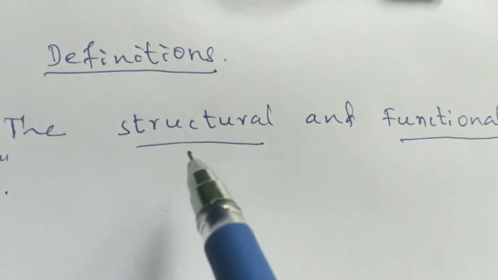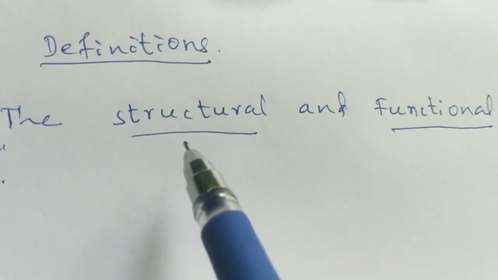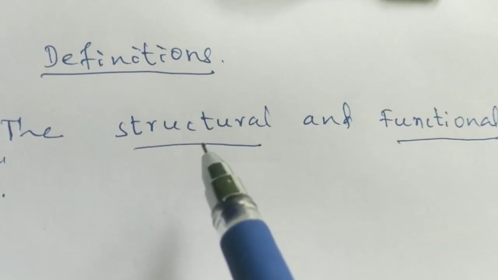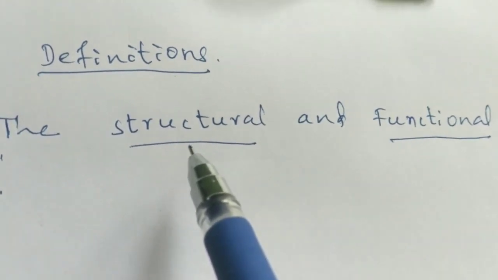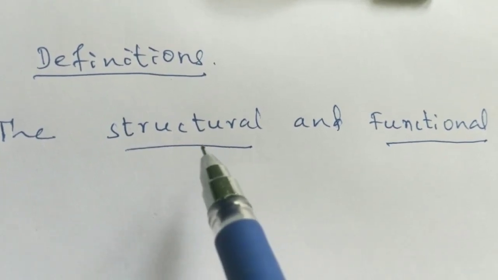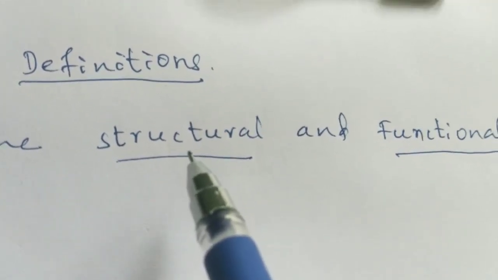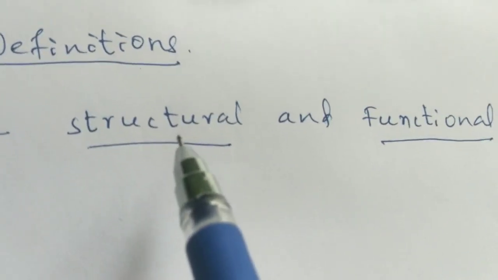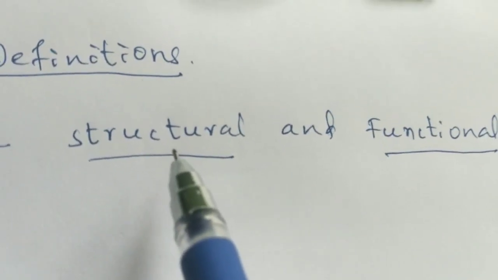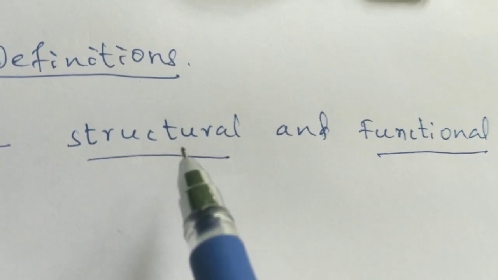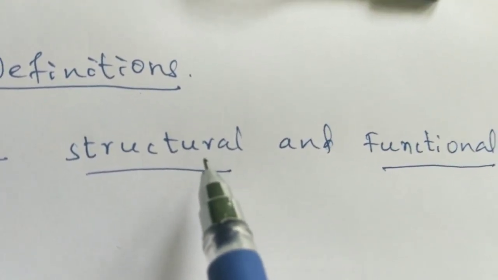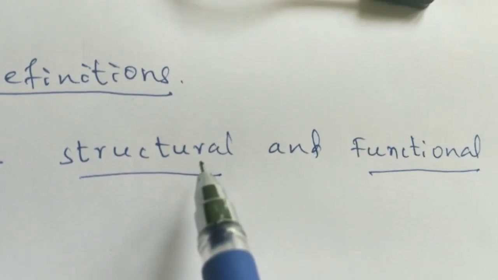The arrangement of bricks will give rise to the structure of a building. In the same way, all living organisms are made up of the structural units called cells. These are the building blocks of the living organisms. The structure or the shape of the organisms is due to the arrangement of the cells. So it is the structural unit.